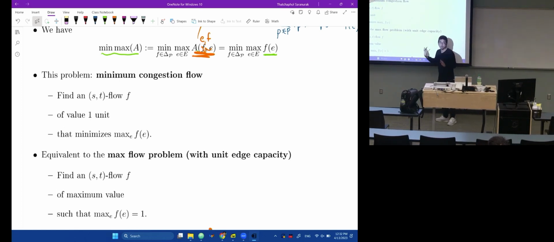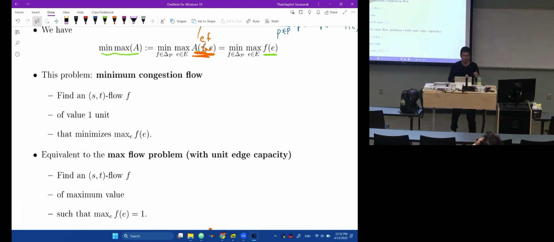The max flow problem is to find an ST flow with maximum value, but you cap the maximum congestion to be 1 because the edge capacity is 1.